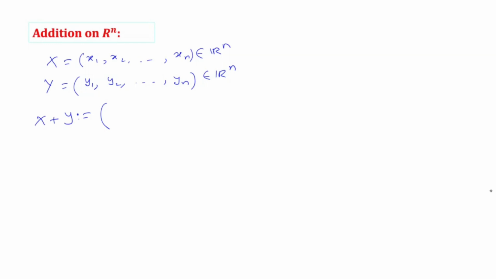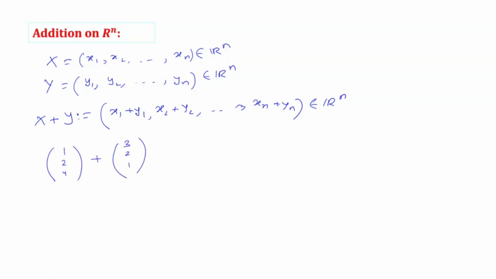Then the addition x plus y is given as (x1 plus y1), meaning addition of the first entries, then addition of the second entries, and continuing up to addition of the nth entries. So each entry you have to add with the entry in the similar position, and then we can define the addition on Rn, and the sum also belongs to the set Rn.